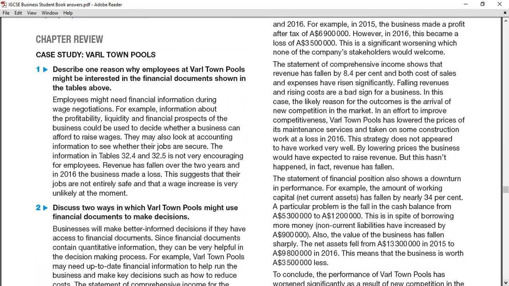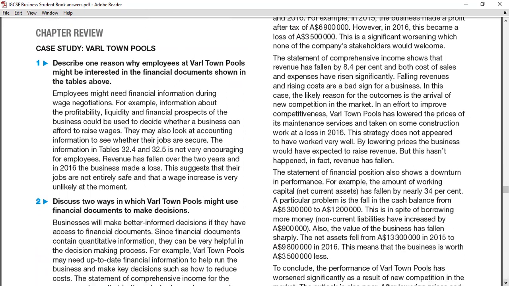The statement of financial position also shows a downturn in performance. For example, the amount of working capital, net current assets, has fallen by nearly 34%. A particular problem is the fall in the cash balance from 5,300,000 Australian dollars to 1,200,000 Australian dollars. This is in spite of borrowing more money.